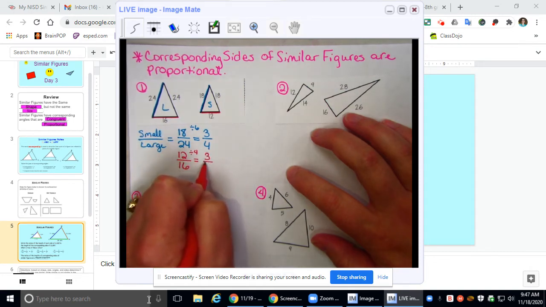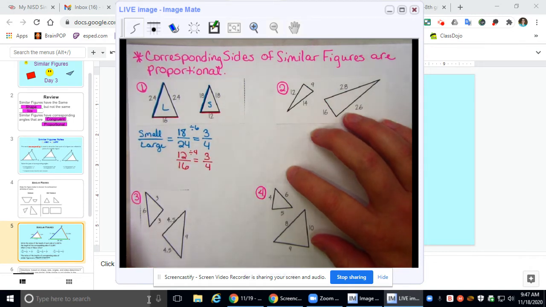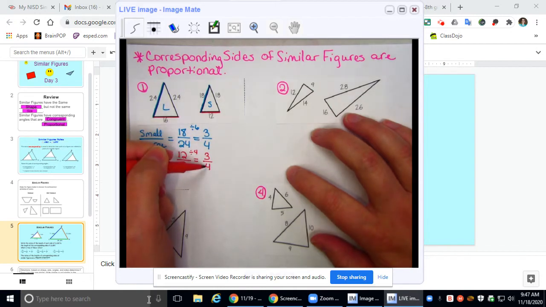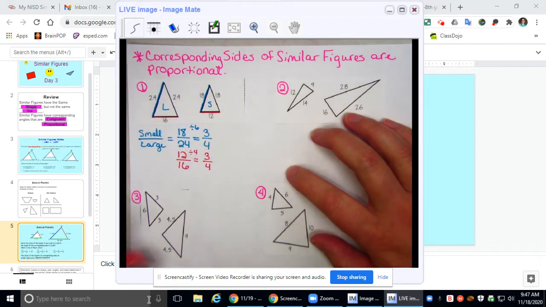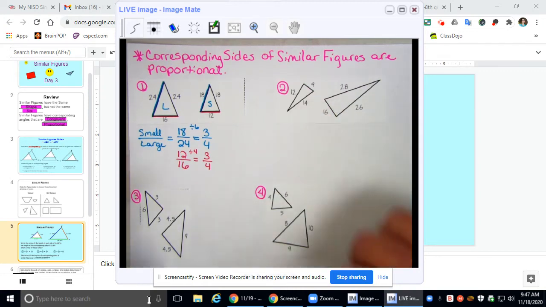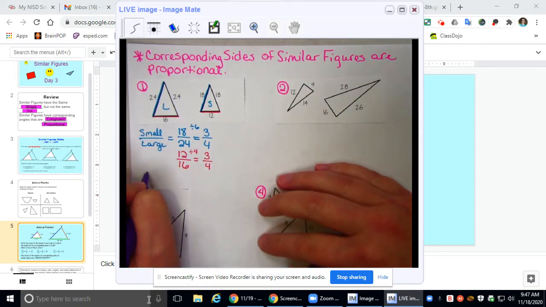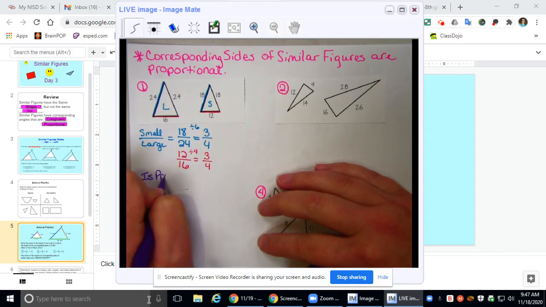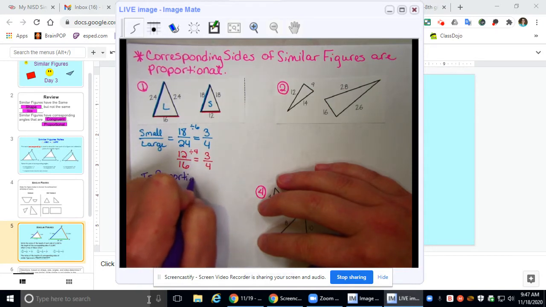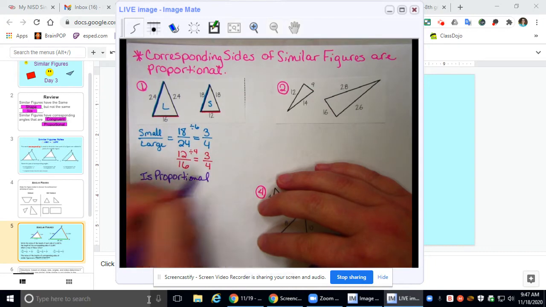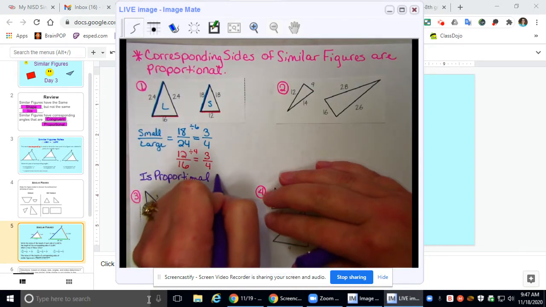We get 3 to 4 as well. Okay, so because these are equivalent ratios, they're both 3 to 4, this situation is proportional. Okay, so it is proportional, and therefore it is similar.